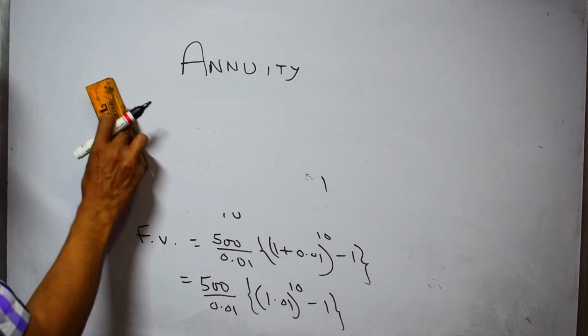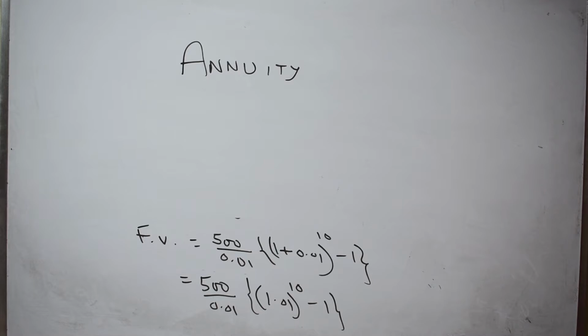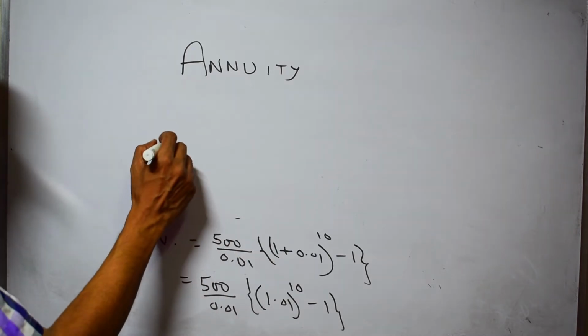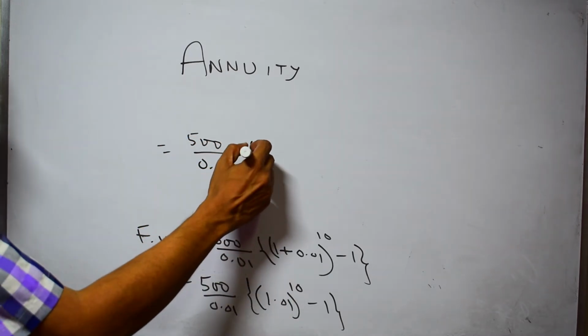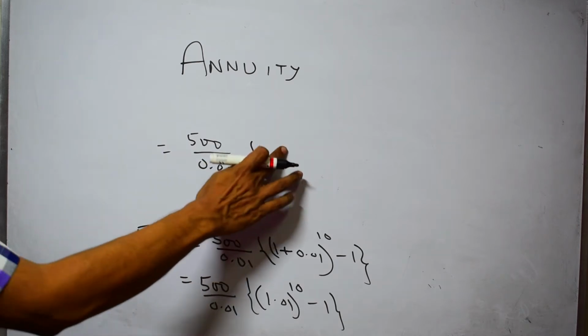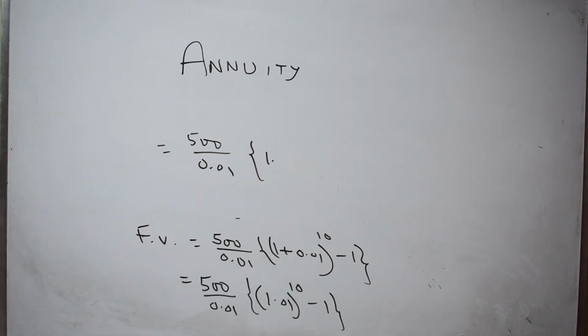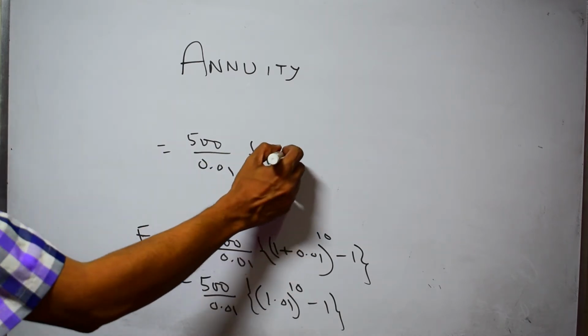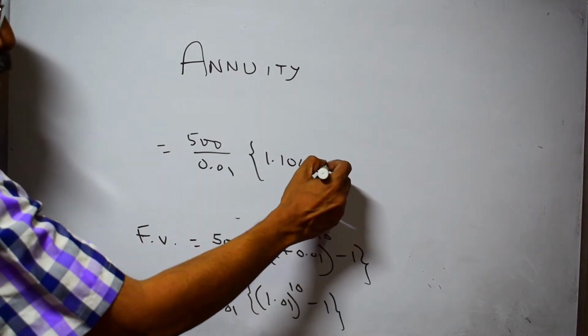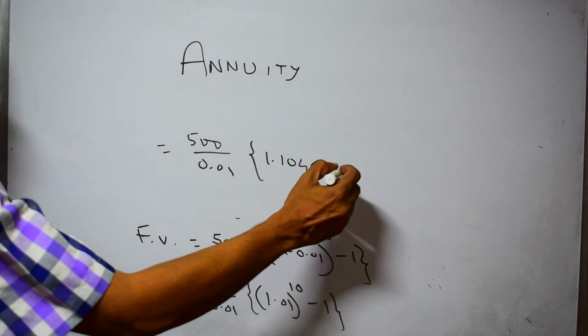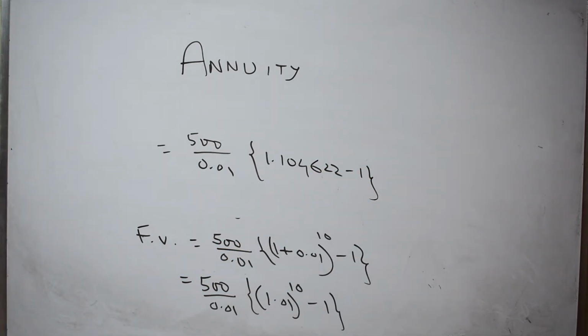Using multiplication of 10 times, we are finding that it is becoming 1.01 to the power 10, which is 1.104622. This is an approximate result, and then minus 1.